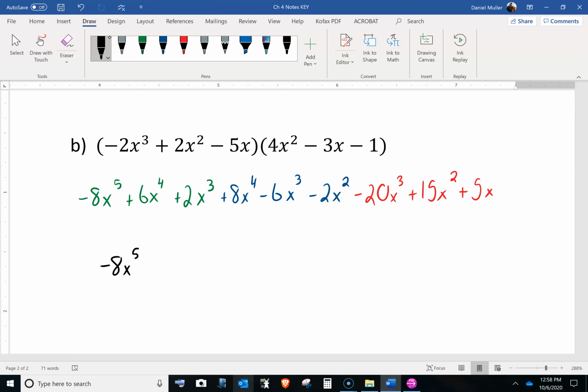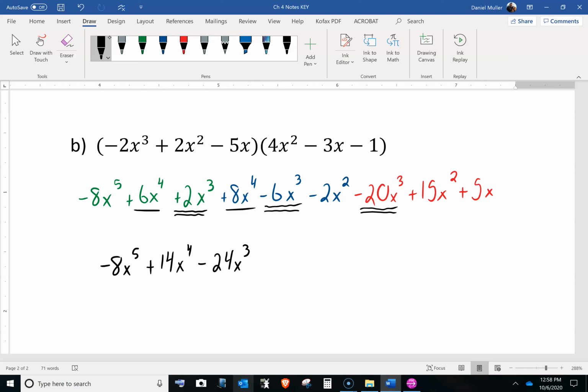I've got a 6x to the 4 and an 8x to the 4, which gets you 14x to the 4. And then I've got an x cubed, 2 of them, and then a negative 6x cubed and a negative 20x cubed. So I've got 2 minus 6 is minus 4 with another 20, so it's a minus 24x cubed.